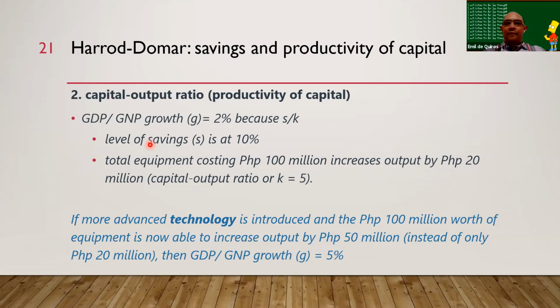But now, if you have the same cost, a more advanced printer that can print 5 pages in less than 1 minute, then the capital output ratio is lower. Because there's more bang for the buck, no? Same cost, but it produces more. So that's what he's advocating for. Also try to be discriminatory. Try to go for those that will be more productive, more efficient. Not just any kind of capital or durable goods.